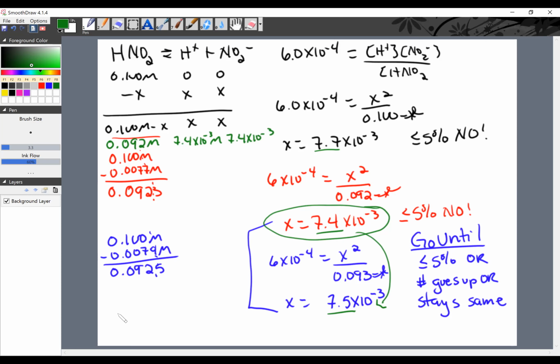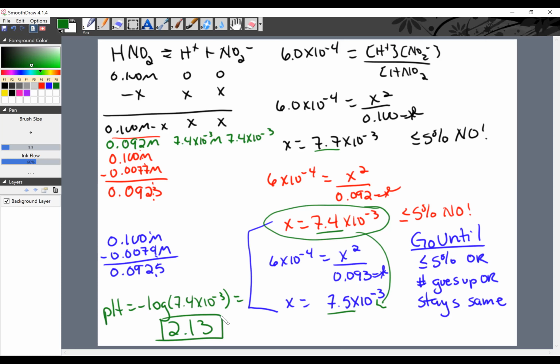And my pH is the negative log of 7.4 times 10 to the minus 3, and I get a 2.13. Plug it in again. 2.13, and I was expecting an acidic pH, so that looks correct.